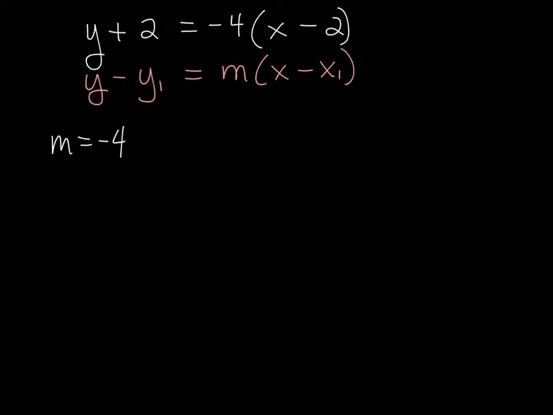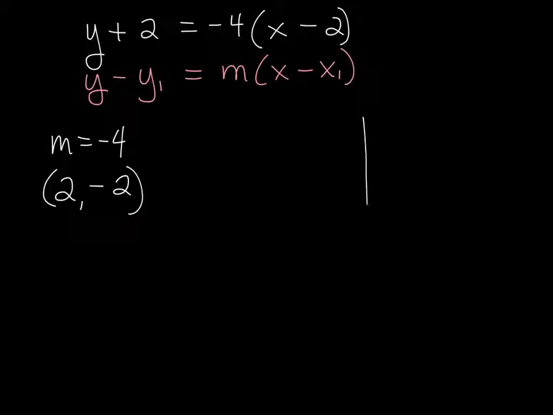When I do that in this problem, my x1 right here, notice how the minus sign is the same? So my x1 is a positive 2. My y1, do you see how that's a minus? Oh, this is a plus, which means I'm going to have to take the opposite. So my y1 is a negative 2, because I had to take the opposite.